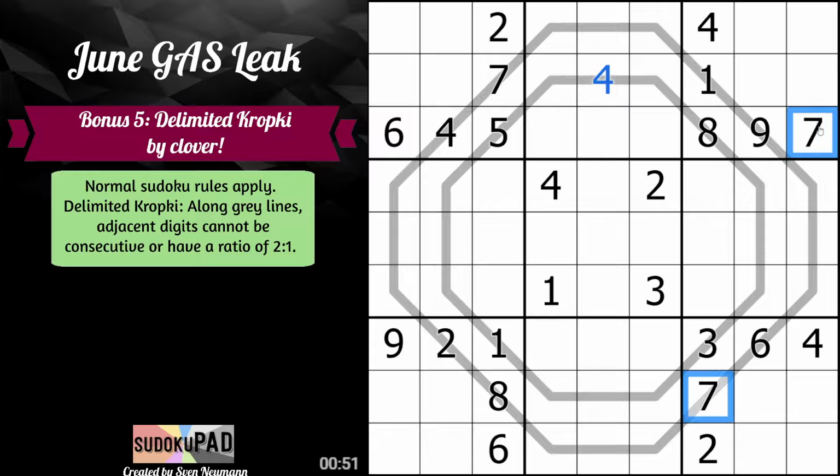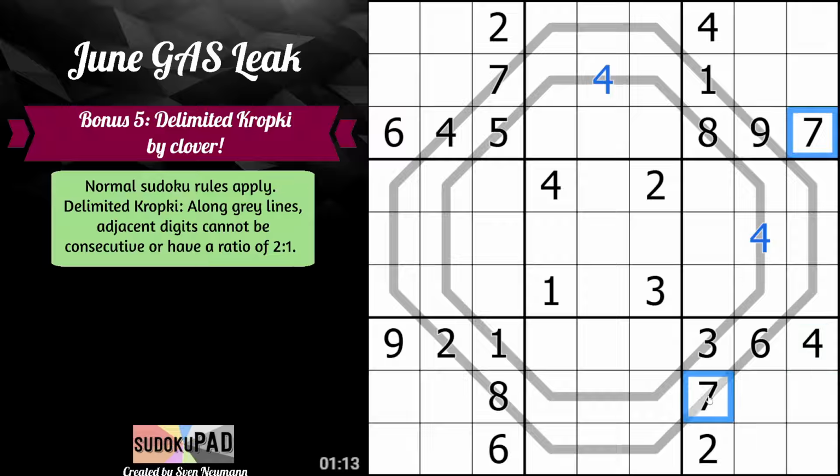7 doesn't do the same thing. 2 does. Sorry, 4 does here. 4 can't go next to 8. It can't go next to 3, so it must be 4 here. Did I miss something else here, maybe? No, 4 is the only duplicated.